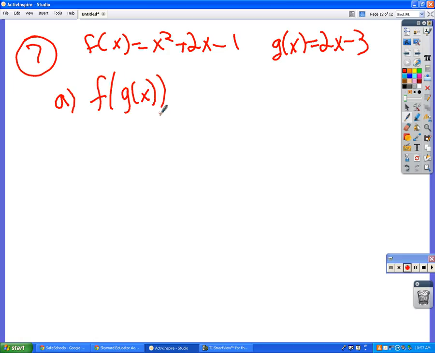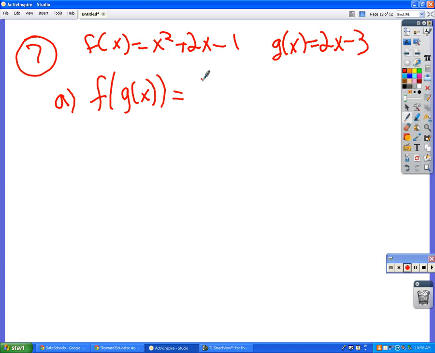Okay. So f open circle g means f of g, and sometimes it's easier to use this notation because it really does give you the sense that you're taking the g function and plugging it into the f function. So I'm going to rewrite the f function, but every time I see an x, instead of writing x, I'm going to write the entire g function instead. Okay? Because I'm plugging that in for the variable.